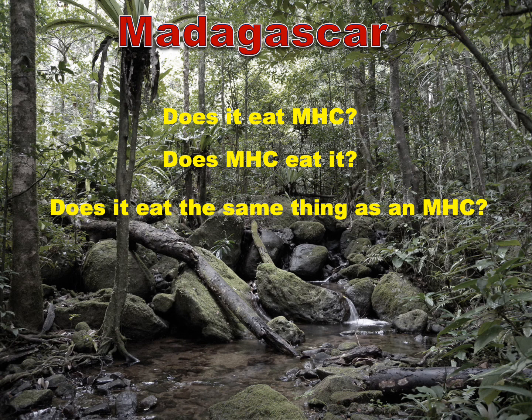What are food sources of the MHCs in its natural environment, and from what trophic level are they? What are potential predators of the Madagascar hissing cockroach in its natural environment, and from what trophic level are they? What are potential competitors in the natural ecosystem of MHCs? For which species is the MHC a predator?